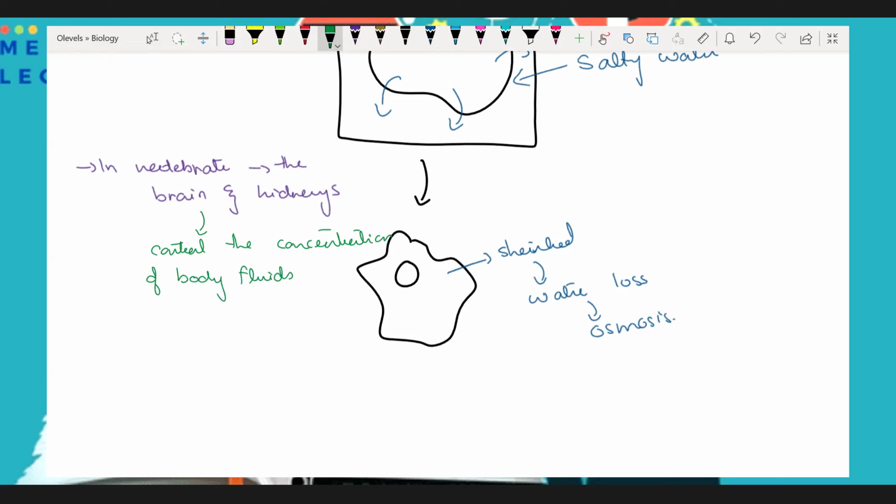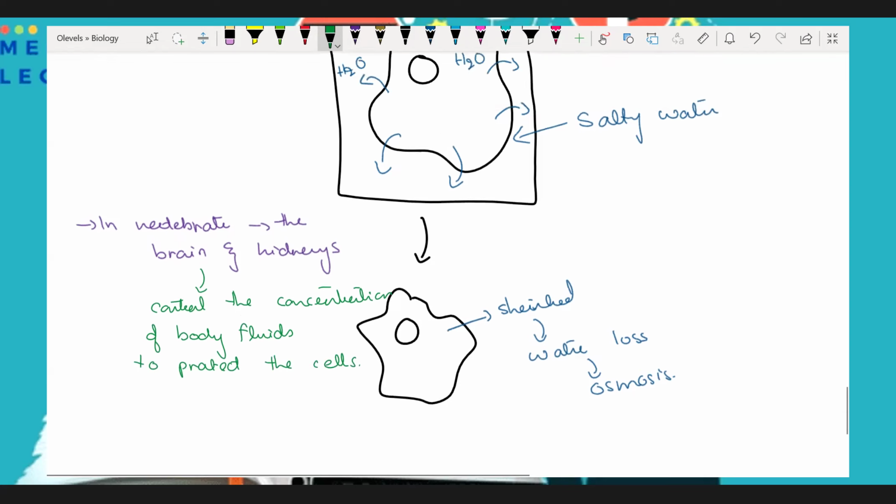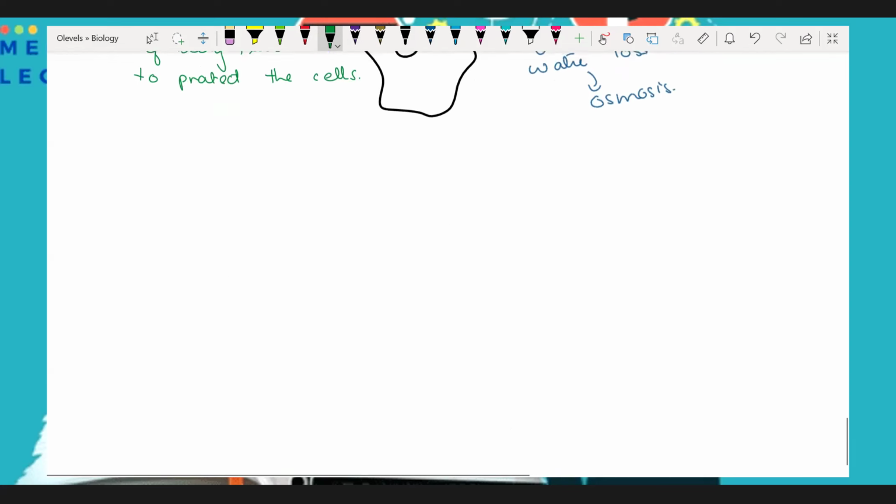That is done to protect the cells. To protect the cells from what? From shrinking down or bursting, right?